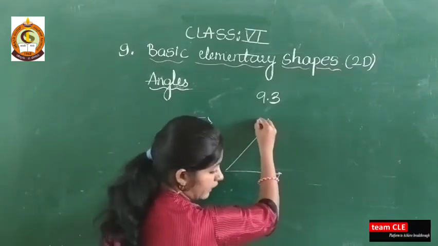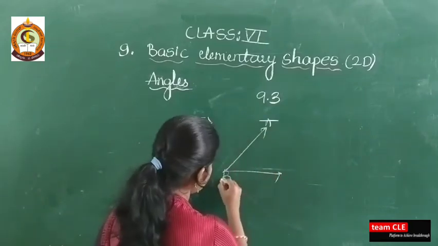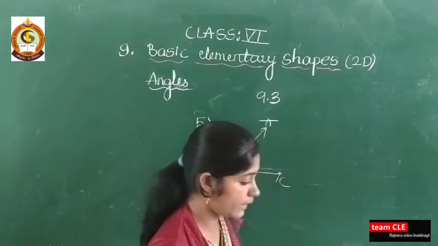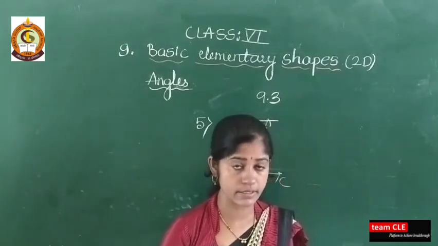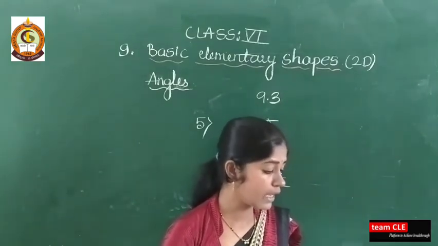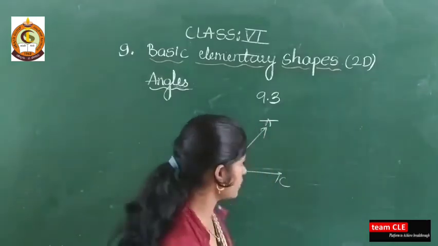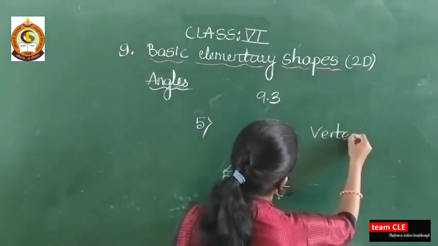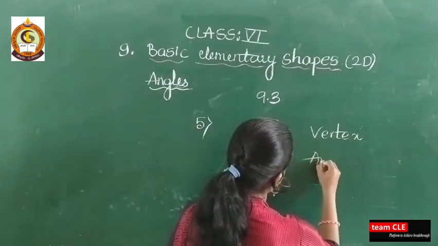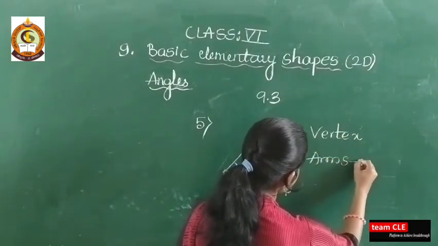Here they gave A, B, C. The question is: name the vertex and arms of the following angles. Here the first is the vertex, and the other is the arms.